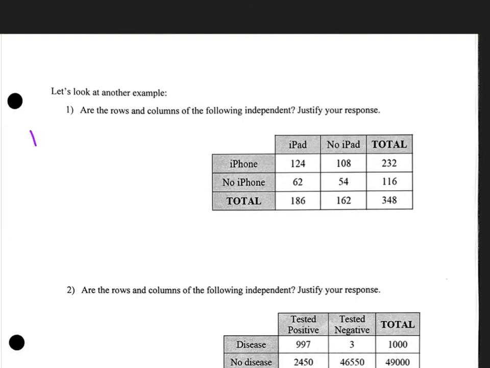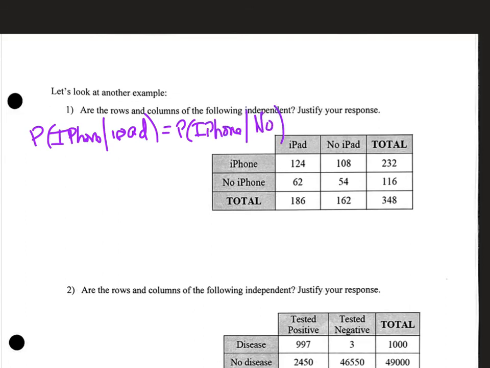I'm going to do the probability of iPhone given iPad is equal to the probability of iPhone given no iPad. iPhone is 124 over 186, and no iPad would be 108 over 162.